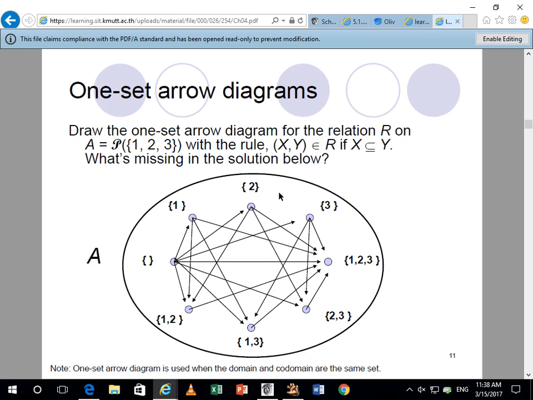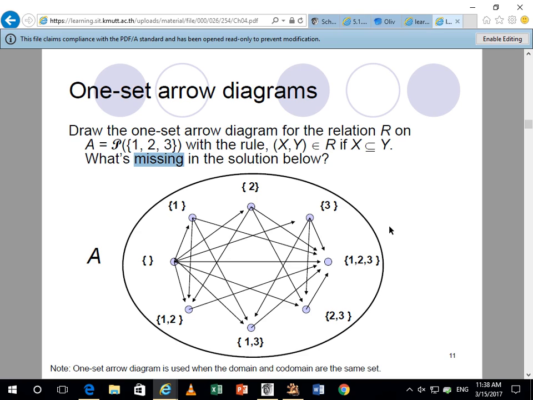Now {1} is a subset of {1, 2}, {1, 3}, and {1, 2, 3}. {2} is a subset of {1, 2}, {2, 3}, and {1, 2, 3}, and {3}, and so on. Anything missing?